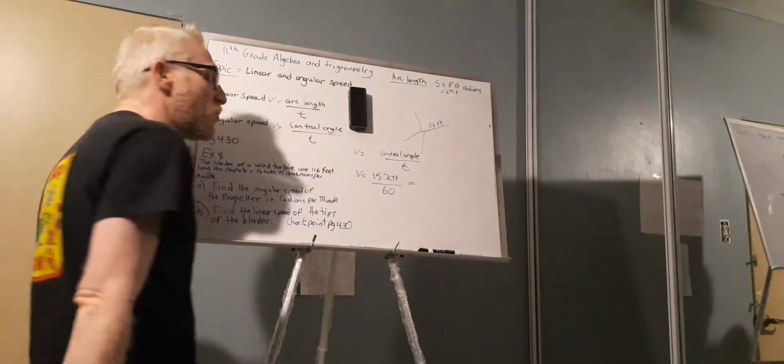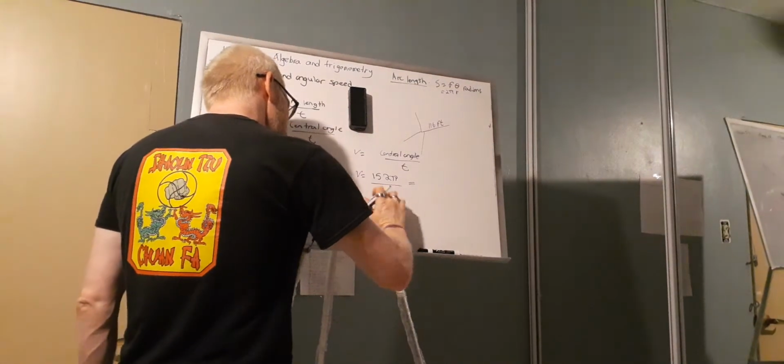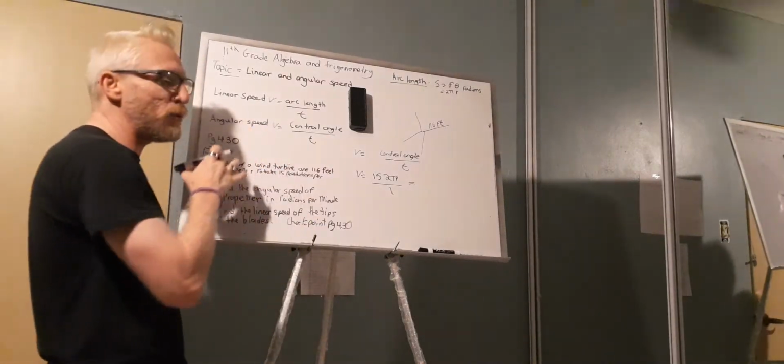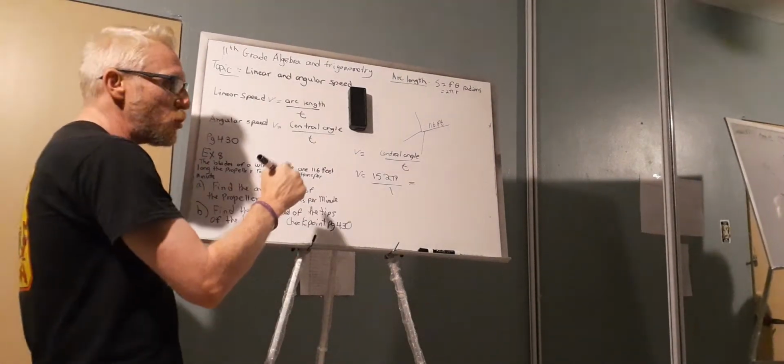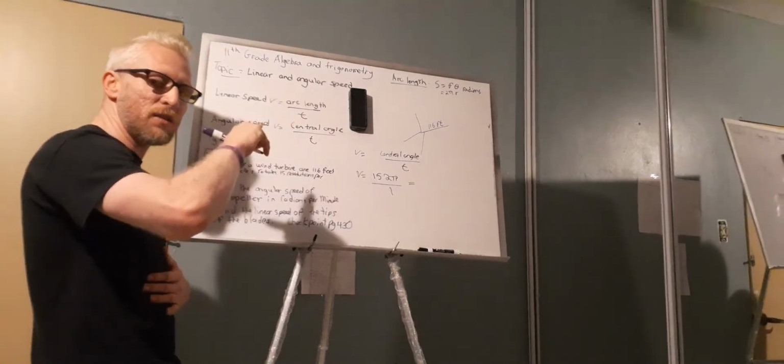Take a look at that real quick, and then you can more or less have an idea of what we're going to do. Okay? So I made a mistake here. Let me fix that real quick. Once again, it's 15, because that's the amount of revolutions in 1 minute. 2 pi, because they want the answer in radians, and one full rotation around the circle is 2 pi.